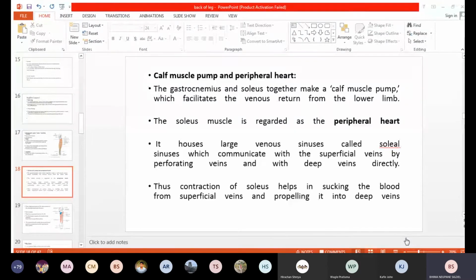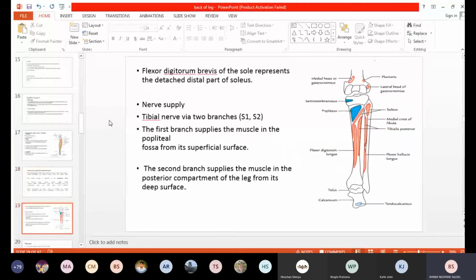So when this muscle contracts, it will suck the venous blood from the superficial vein. Because of this pumping action of the blood, it is also known as the peripheral heart. So it helps in the venous return directly to the heart. This is the main important function of the calf muscle and the soleus.